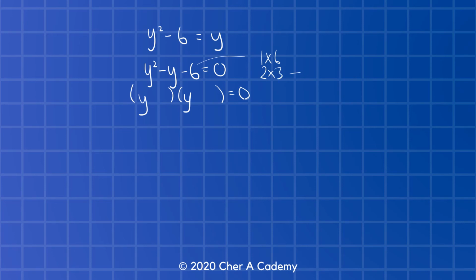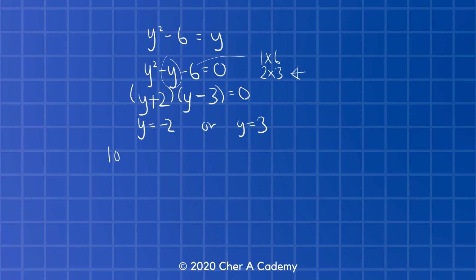I'm going to choose 2 times 3 because my middle term is negative 1, so by adding or subtracting 3 and 2, it will give me 1. I will put my minus sign at my 3 and my plus sign at 2 so that it gives me negative 1. I'm going through this very fast because this belongs to another chapter, the quadratic equation chapter. So y equals negative 2 or y equals 3.